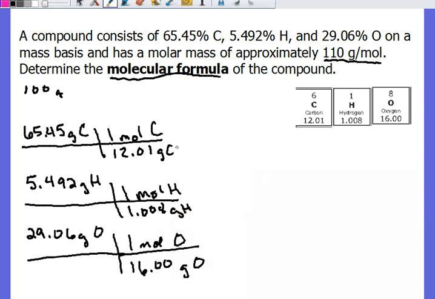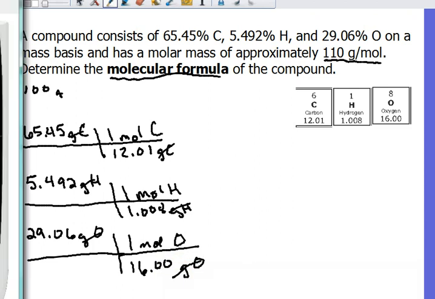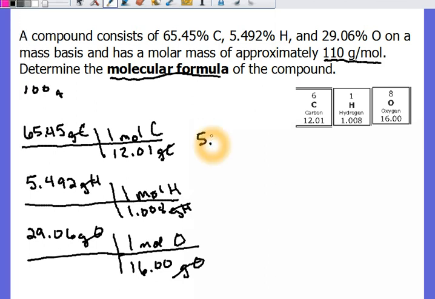Okay, so we start off with this, and we'll cancel out our grams for each one, and we'll get our moles. So you have 65.45 grams of carbon divided by 12.01, and you have about 5.45 moles of carbon.